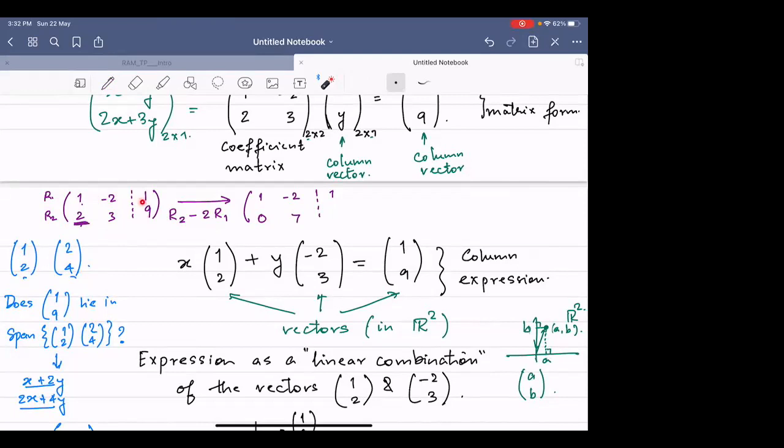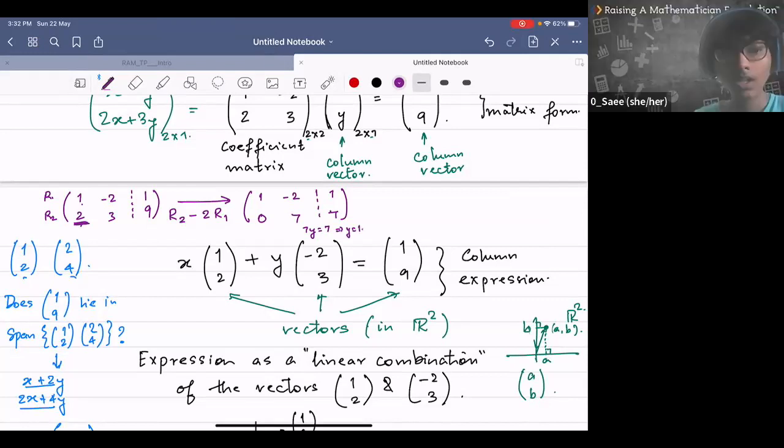So 9 minus 2, which is going to give me another 7. So this is what I have: 0, 7, 7. If you think in terms of lines, this line is 7y equals 7, or the same as y equal to 1.